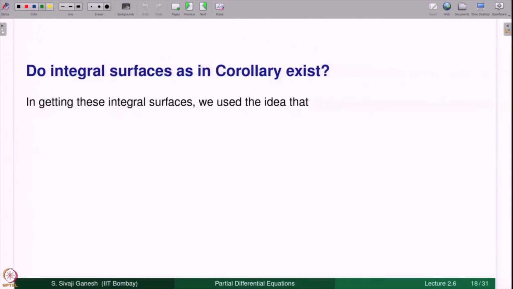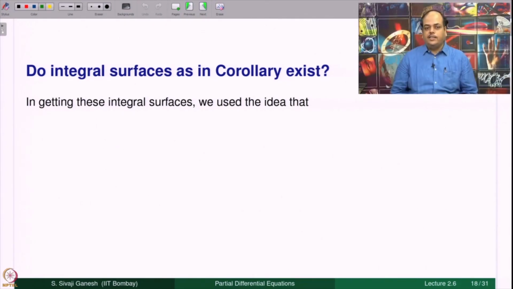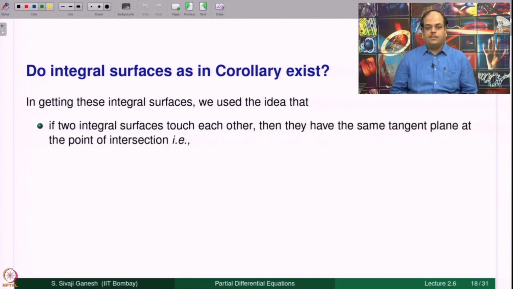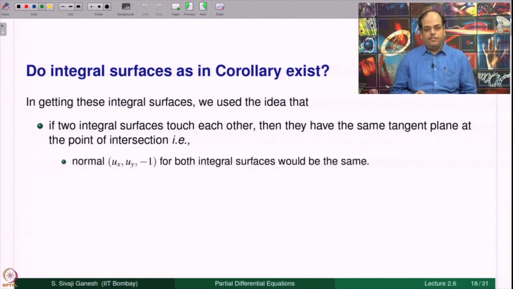In getting these integral surfaces, how did I get this example? We use the idea that if two integral surfaces touch each other, what happens? The tangent planes are the same, the directions in the tangent planes are the same. So (u_x, u_y, -1) for both integral surfaces would be the same, because the tangent plane is the same, the normal has to be the same, plus or minus.